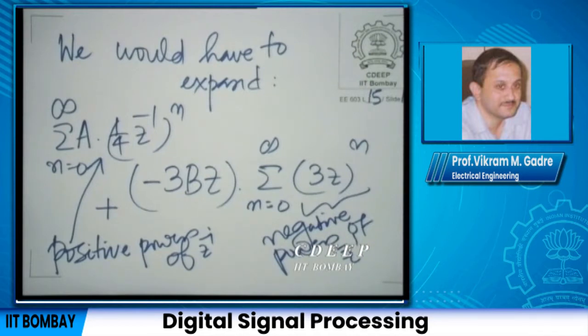Positive powers of z or negative powers of z inverse. Positive powers of z inverse or negative powers of z, however you like to look at it. But in the expression for the z transform, the positive powers of z inverse give us the samples at positive n, and the negative powers of z inverse give us the samples at negative n.